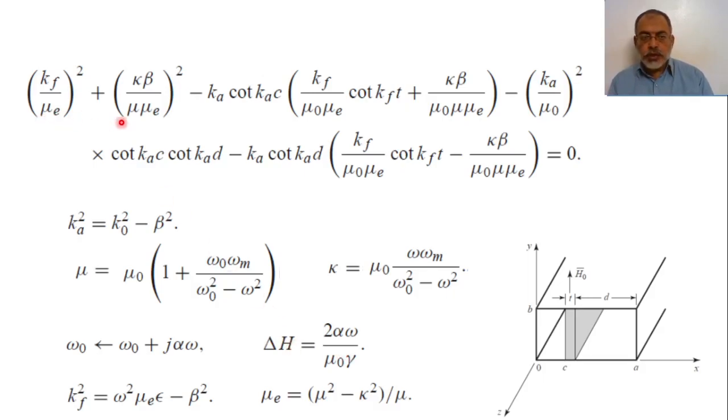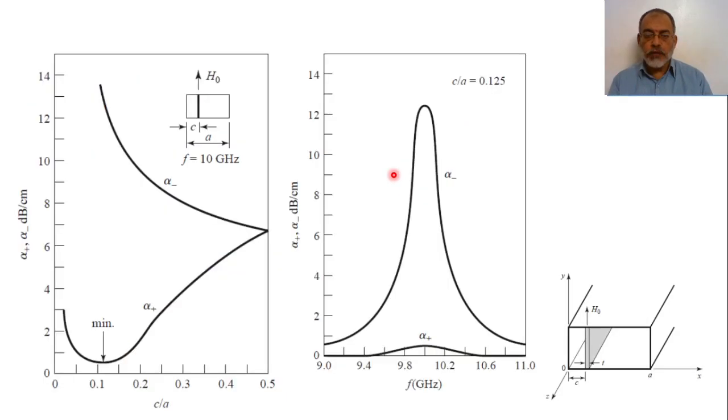So in this equation now, the independent variable is C. We are going to change C and solve this equation for different values of C to obtain beta plus, beta minus, alpha plus, and alpha minus.